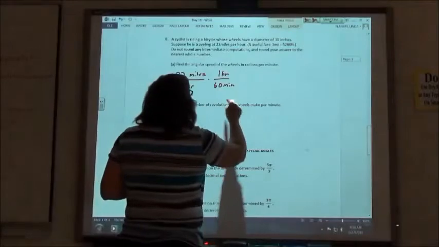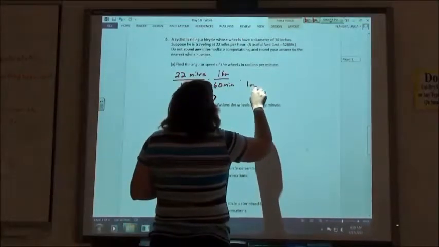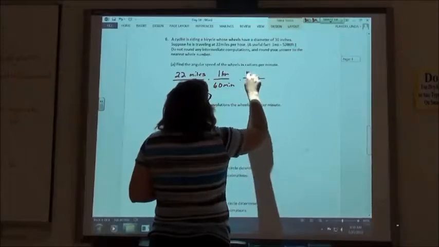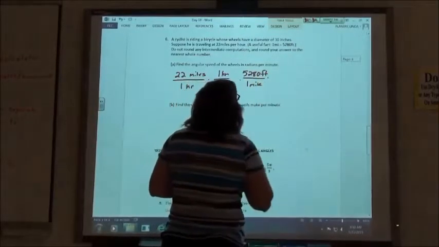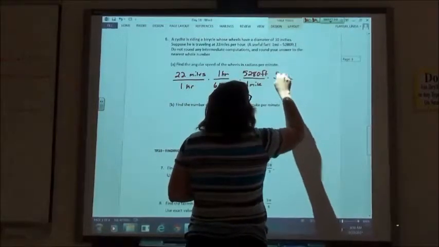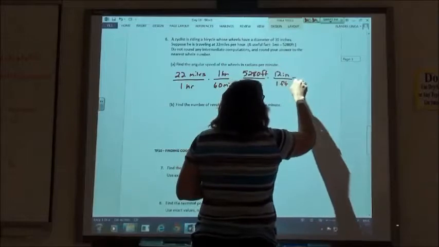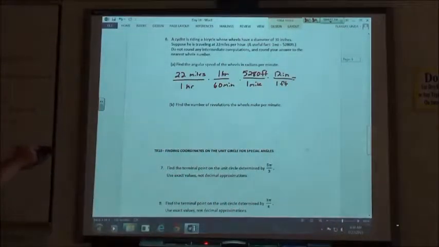So I am going to say that I have, let's see, 1 mile is 5,280 feet, but then I have to change my feet to inches. 1 foot is 12 inches. So I'm going to take 22 times 5,280 times 12.